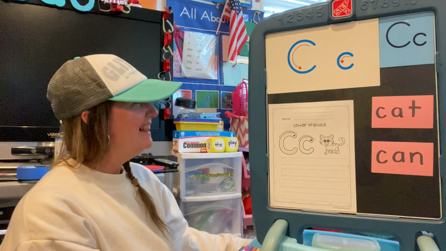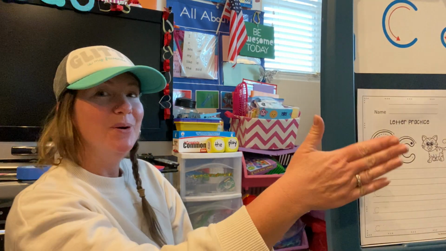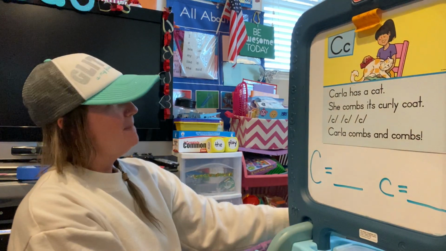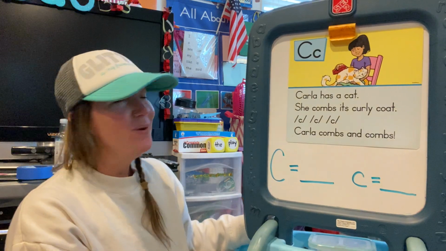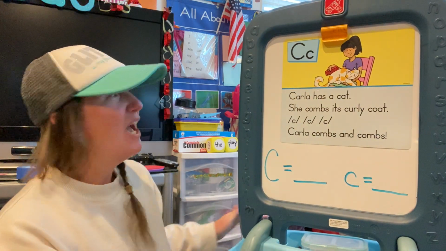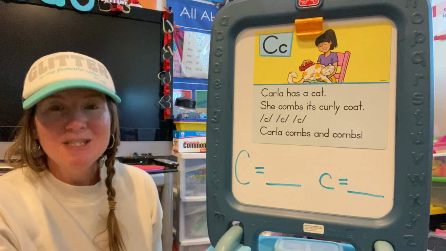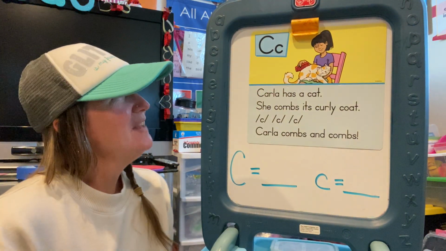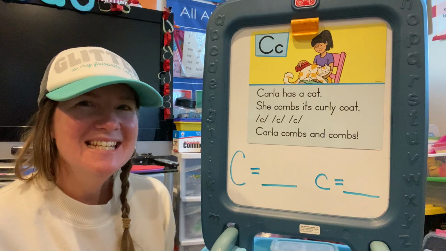All right, let's turn this around. We'll come back to that part of the easel in a few minutes. But now I want to show you our letter C poem. Now first, Panda Bears, I would like you to look at the picture and tell me what you see.